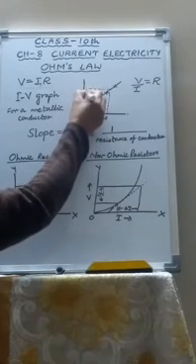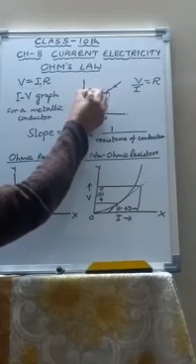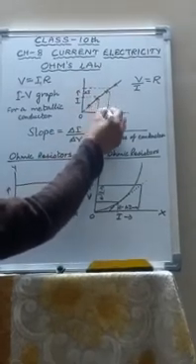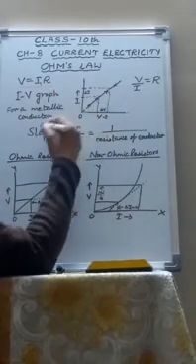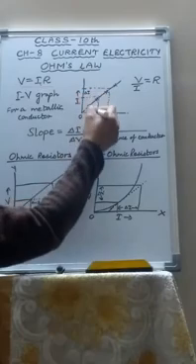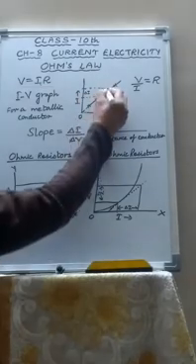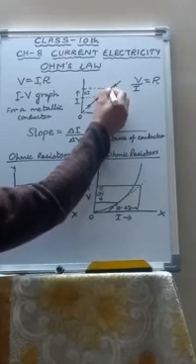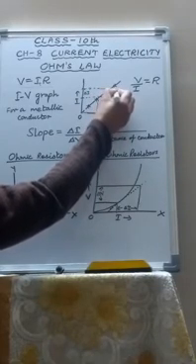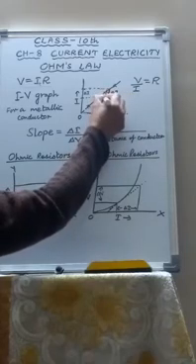The difference between these two values will give us delta I, and the difference between these two values will give us delta V. So the slope equals delta I upon delta V. There is a triangle formed here, so the slope is perpendicular upon base. Perpendicular is delta I and base is delta V.